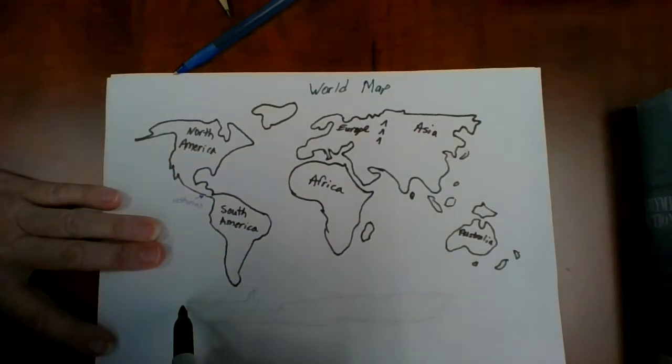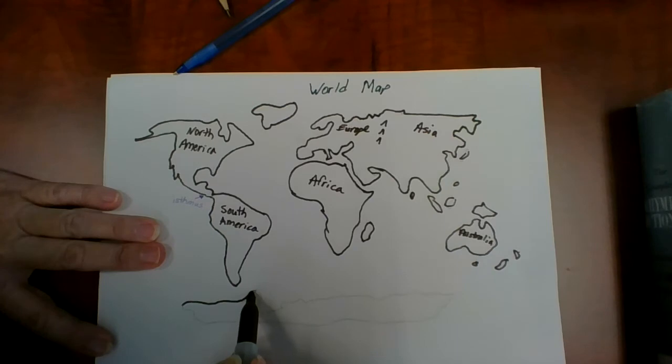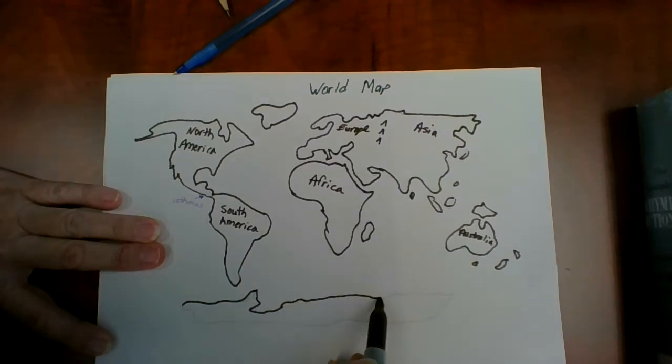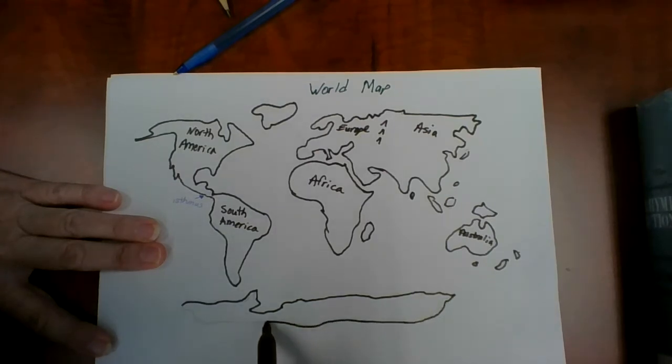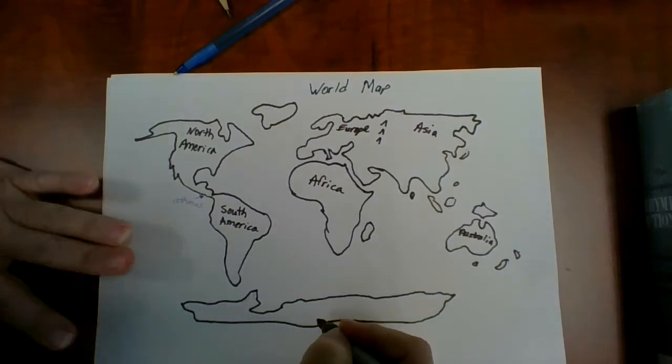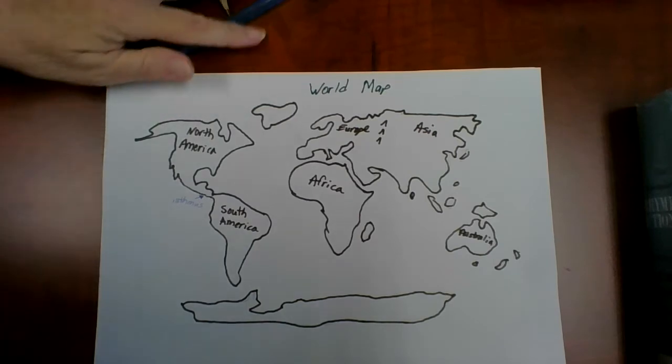At the south end of the earth, we have a large continent that is made up of a lot of ice. There is land there, but it's covered for a good part of the year. Some of it doesn't thaw. No one lives here because it is so cold.